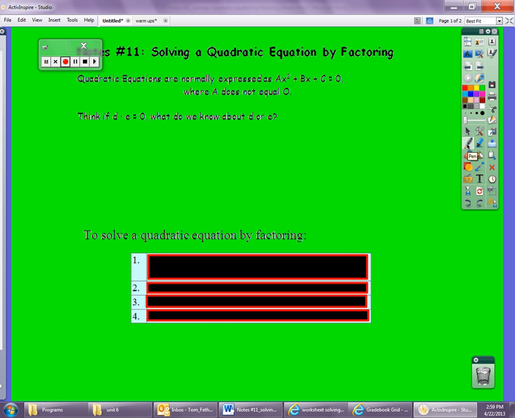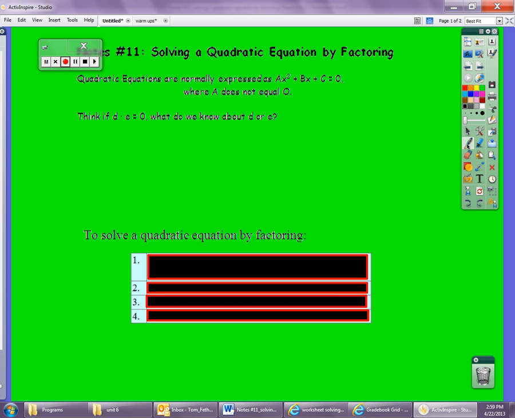Now if we think that d times e equals 0, what do we know about d, or what do we know about e? If d and e have to be a number, what number times something is going to give you 0? We know 5 times 4 is 20, but we want to get 0. How are we going to get 0?